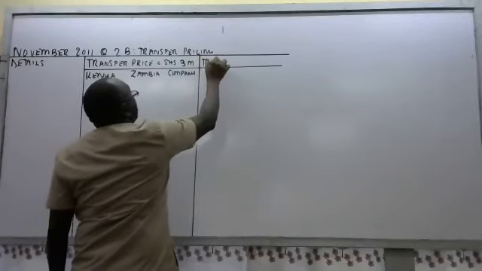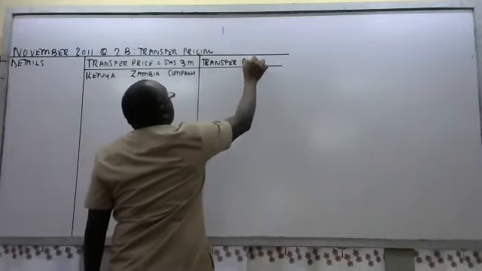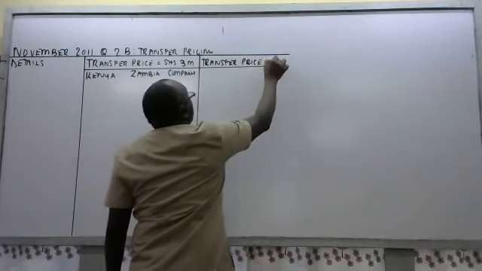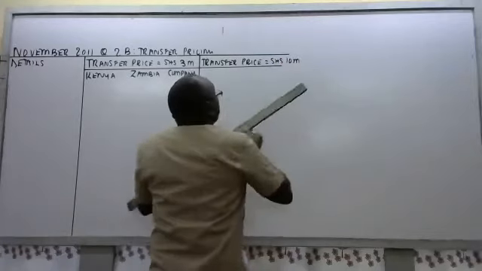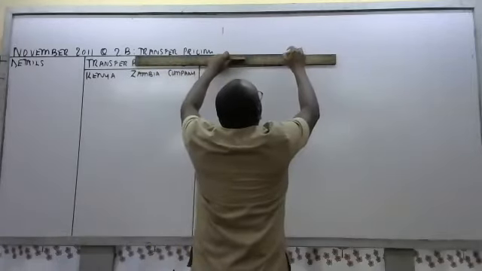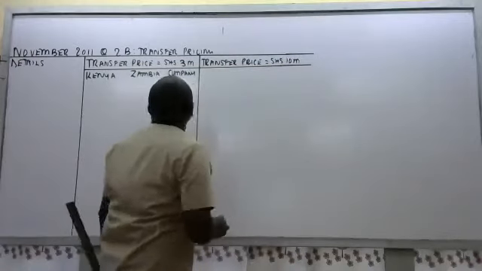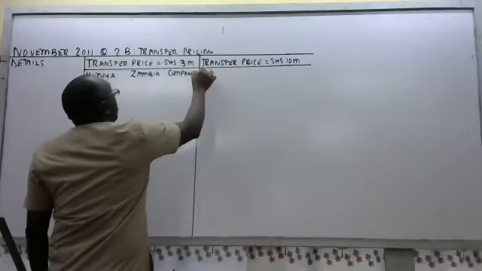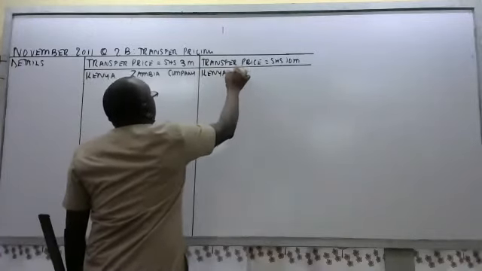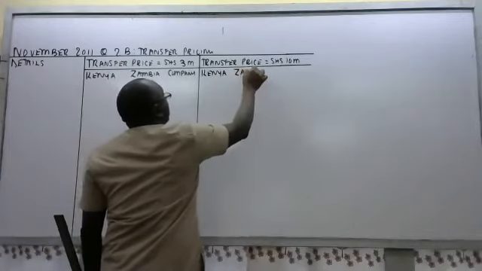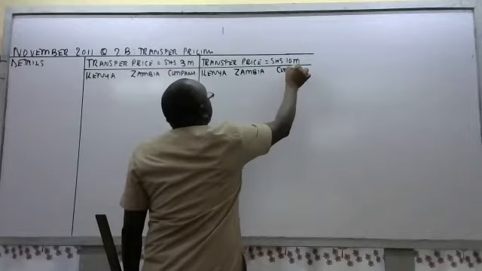Then transfer price being equal to shillings 10 million. So we have Kenya, we have Zambia, we have the company.